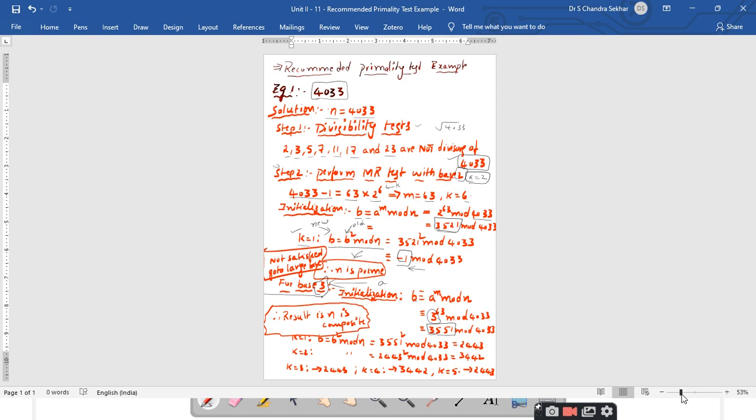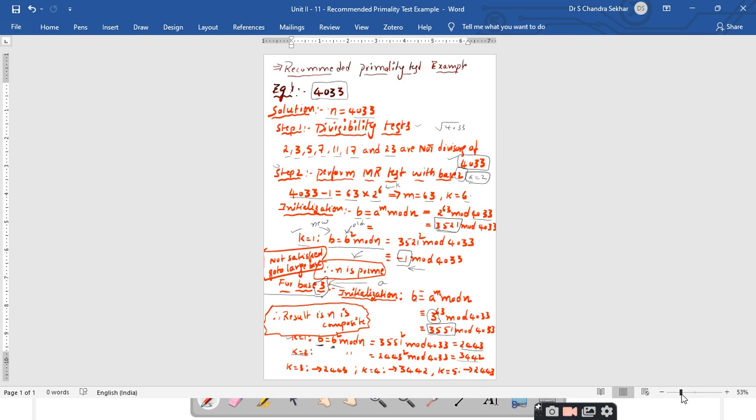So I enter into the loop and I calculate the new value of b with the old value of b. So b is calculated as b square mod n, that is 3551 whole square mod 4033. I get the value as 2443. Similarly, if I take k equal to 2, I calculate the new b with the old b, which is 2443.